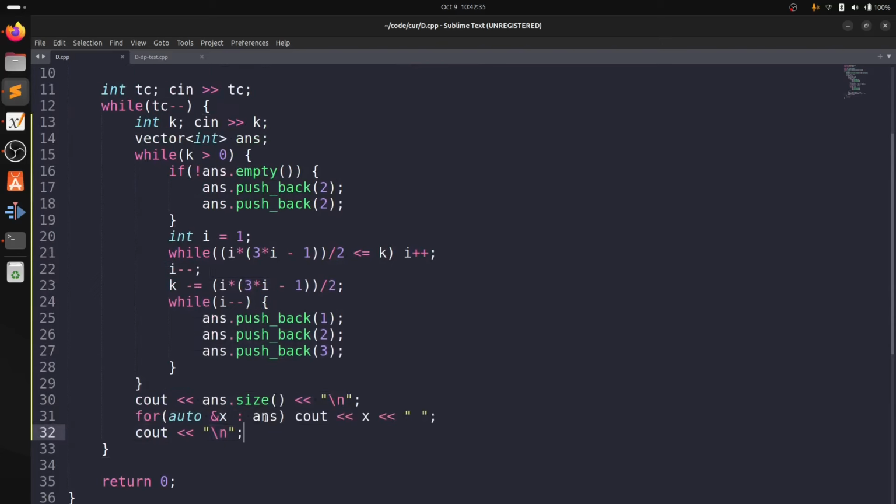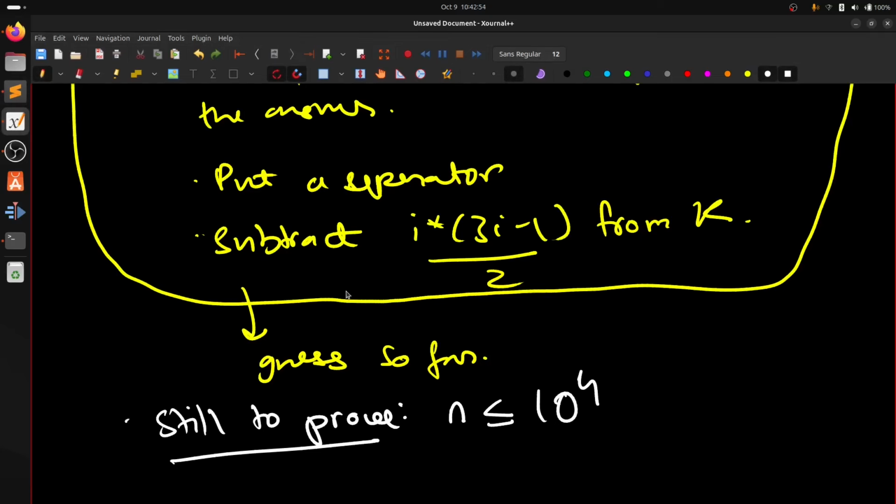So this is the implementation of our construction, and the time complexity will obviously be big O of k. Actually it will be a bit lesser than big O of k, and it will basically be the time taken for roughly the number of elements, right? But we can say that it's bounded by big O of k. The time complexity will be at most big O of k, so we can write that for sure.